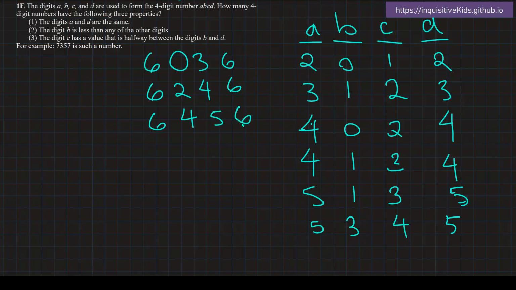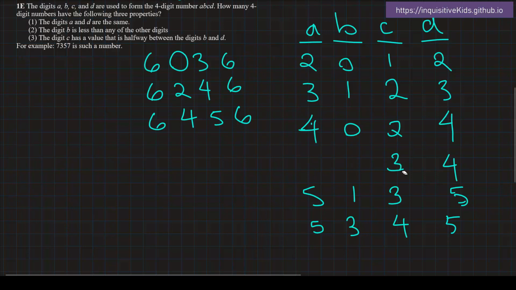And I'm starting to find a pattern here. What's that pattern? There is a special connection between the values of A and D and the value of B. Whenever A and D is an even number, B also needs to equal an even number.